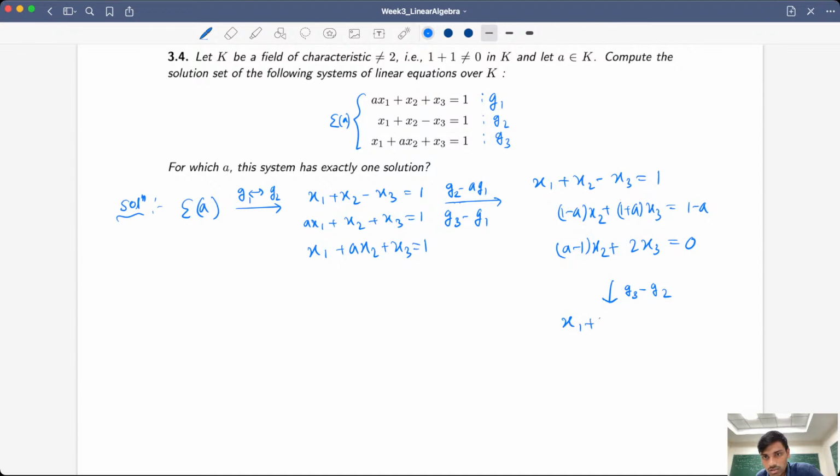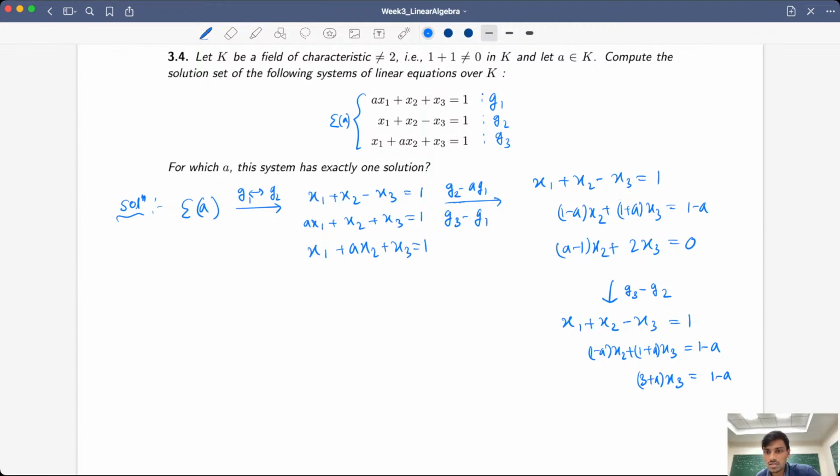So x1 plus x2 minus x3 still remains 0, and (1 minus a) x2 plus (1 plus a) x3 equals 1 minus a, and the last is 0 x2 plus (2 plus 1 plus a) x3, so (3 plus a) x3 equals 1 minus a. Fine. So now we are in the least possible case without putting a condition on a.